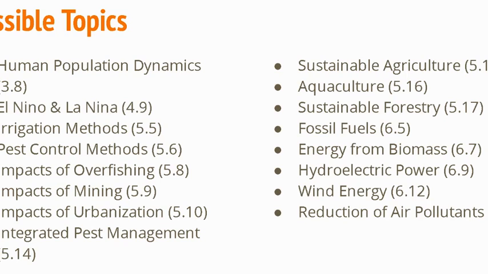Now, in FRQ number 2, these are just a list of some popular topics that we tend to see for those types of questions. So things like human population dynamics, sustainable agriculture. All of these topics, obviously, we will hit each and every one as we go through the units here, and I will mention what types of FRQs they might appear on.